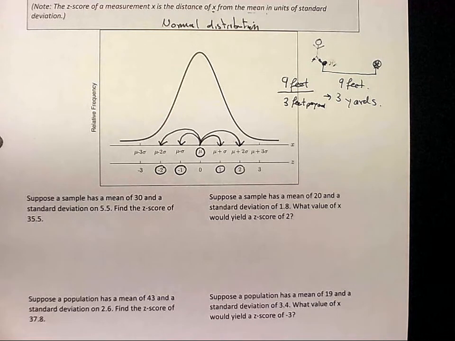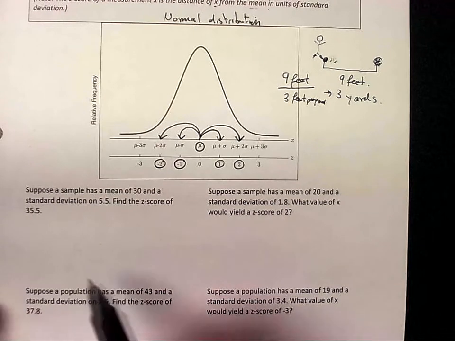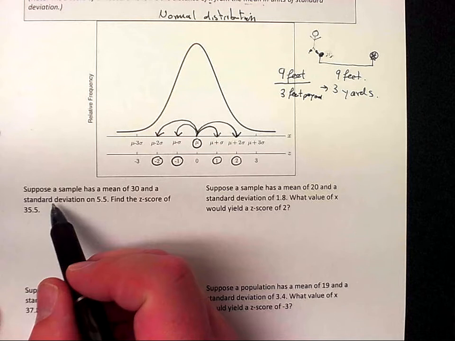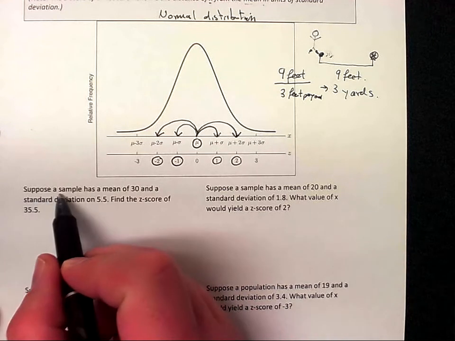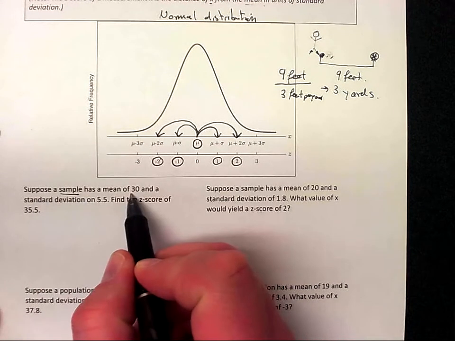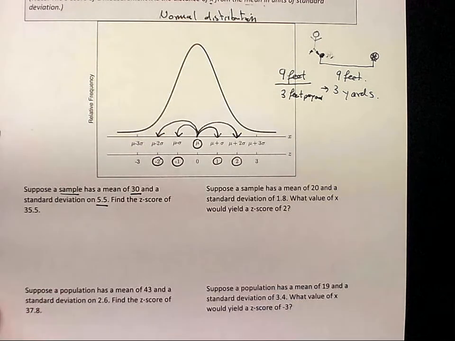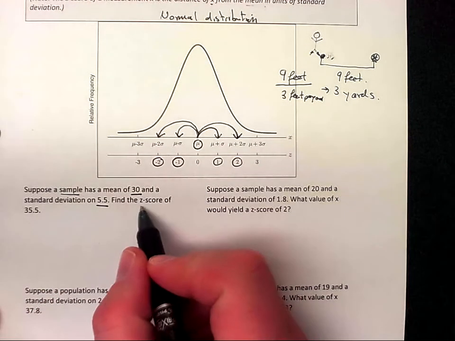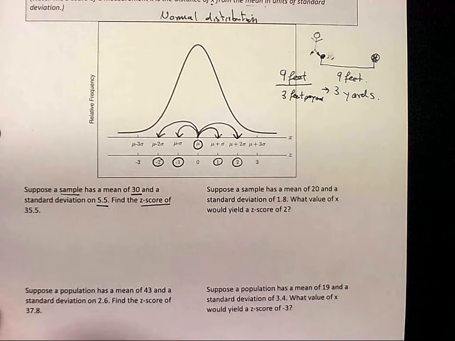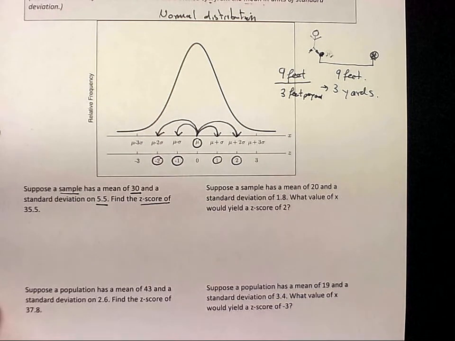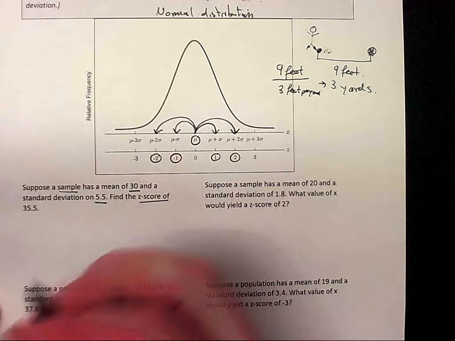So let's try to calculate out a couple z-values. Let's start off with this example right here. Suppose a sample has a mean of 30 and a standard deviation of 5.5. Find the z-score of 35.5. All right. So are we dealing with a sample here or with a population? Sample.